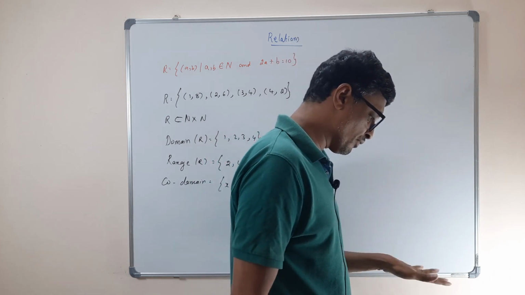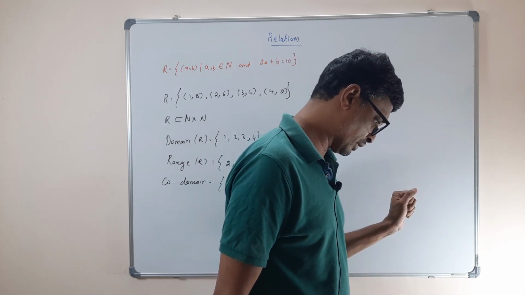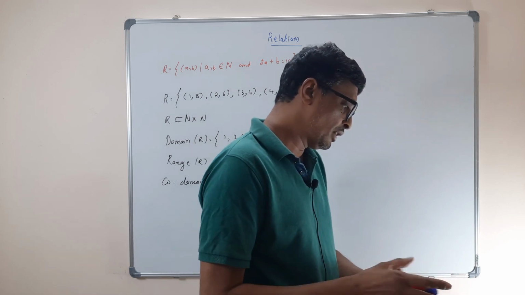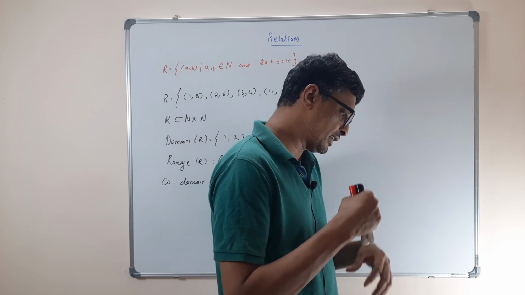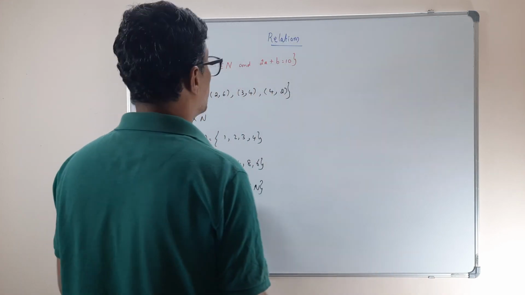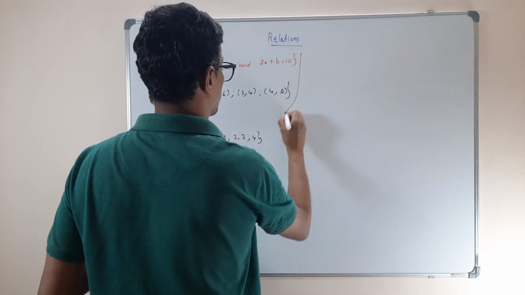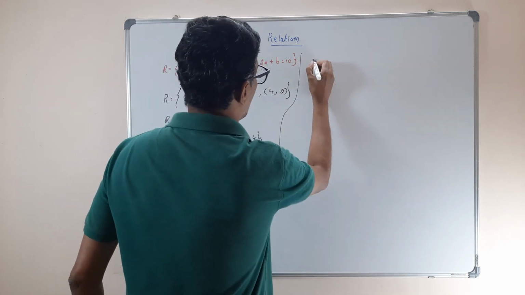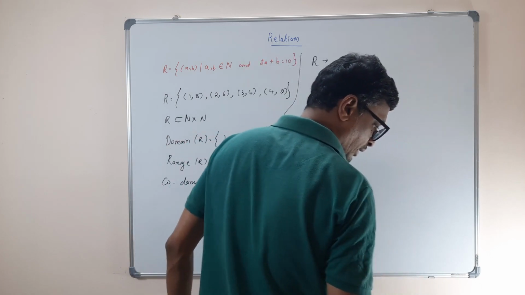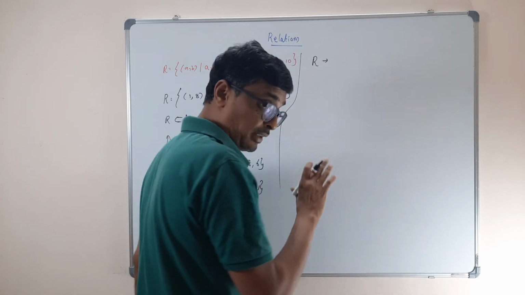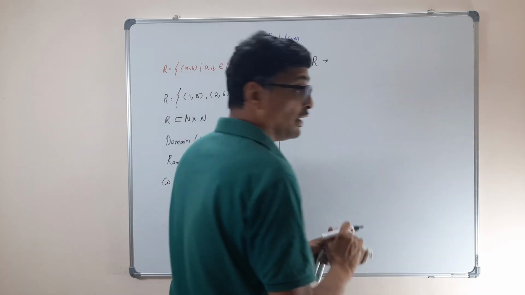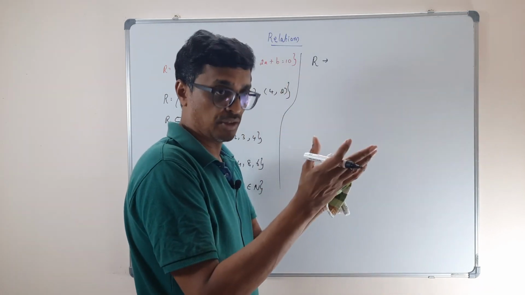There is one more thing. Sometimes two relations can represent the same subset. You can define the same relation in a different form. There's a good example they have given in your book. If R is a binary relation, then it should have the relation between the same set.